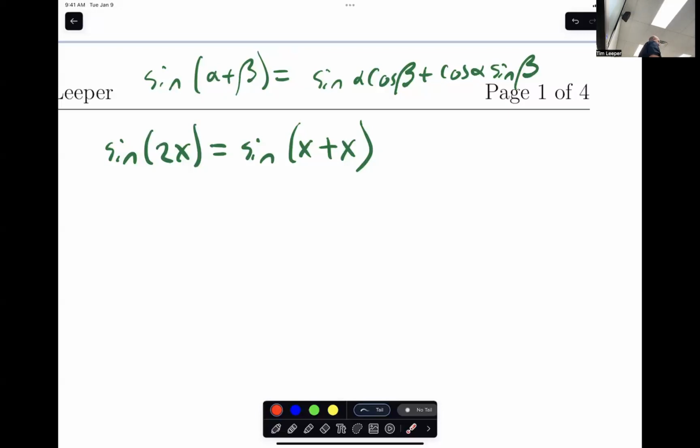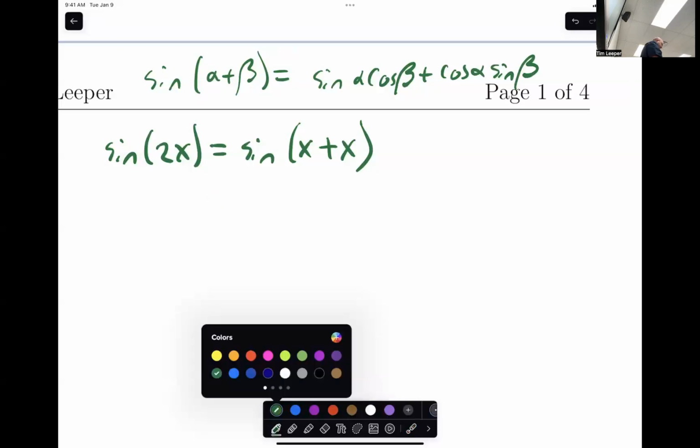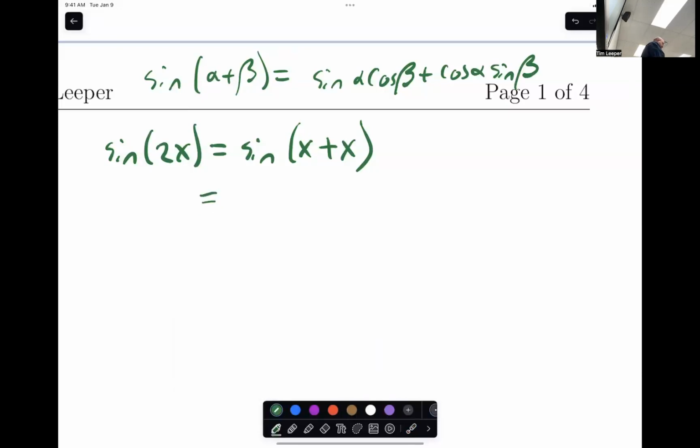So sine of x plus x would then be, if we plug all that in, the sine of the first one, x, times cosine of the second one, x, plus cosine of the first one, x, times sine of the second one, x.